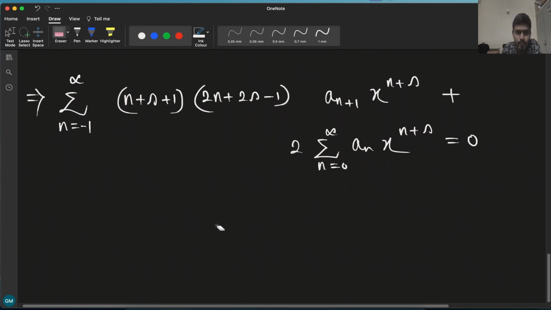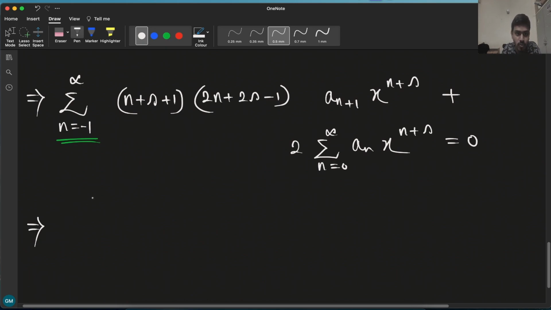Now this term is starting from n equals -1, so I will write the minus 1th term separately.